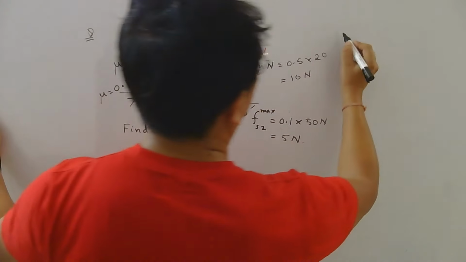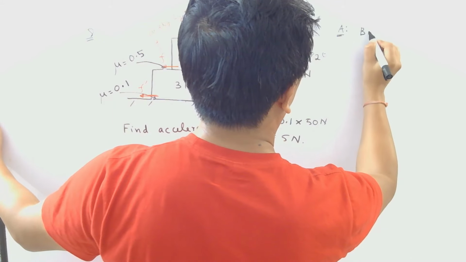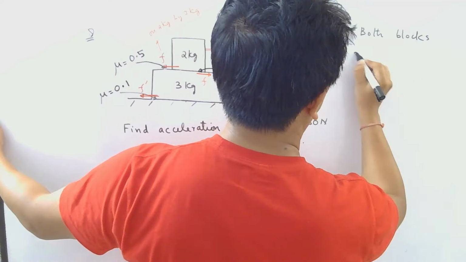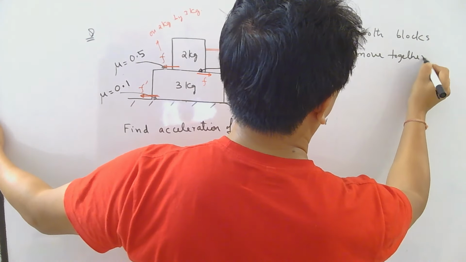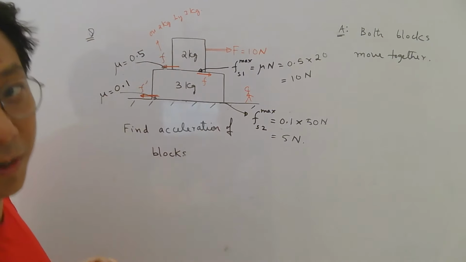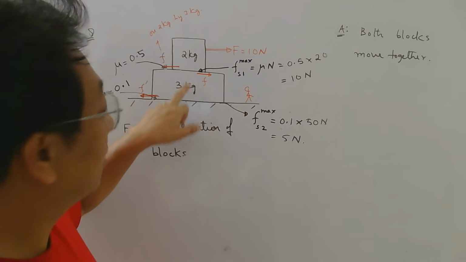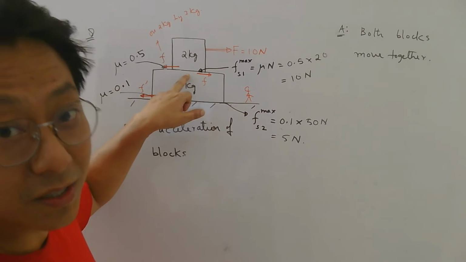Now let us do the second assumption. When both blocks move together, that means here there is slipping, but here there is no slipping. So here there will be kinetic friction and here there should be static friction.